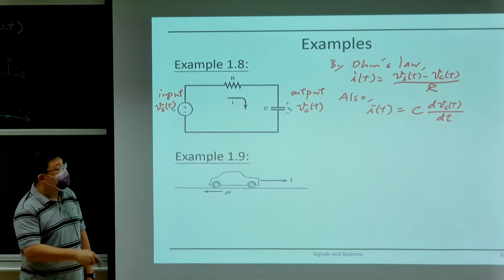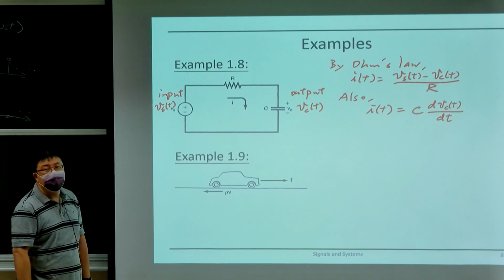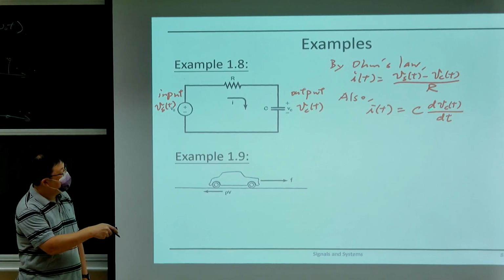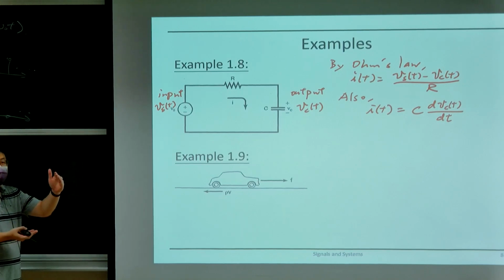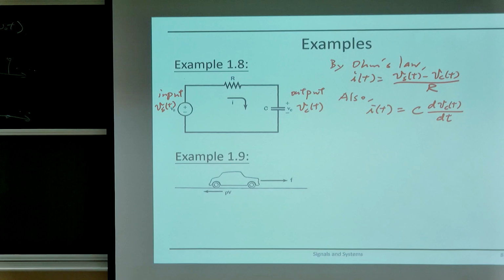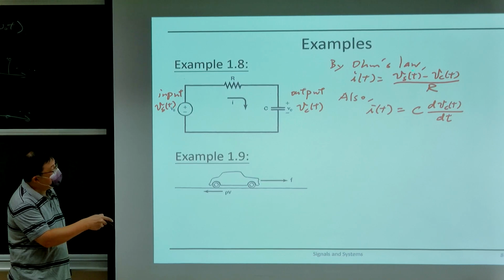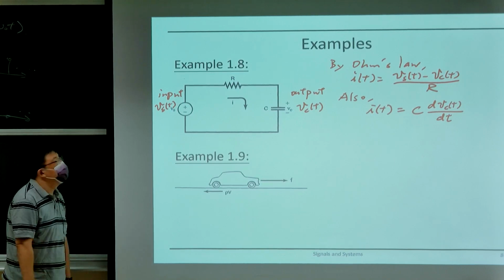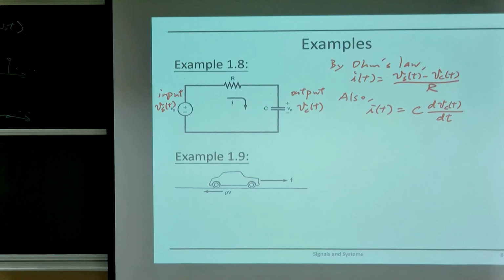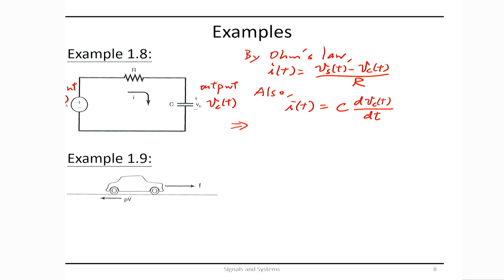So the current flowing into the capacitor determines the speed of variation of the voltage. So this tells us that this is equal to this. This gives us a characterization of the relation between the input and output.